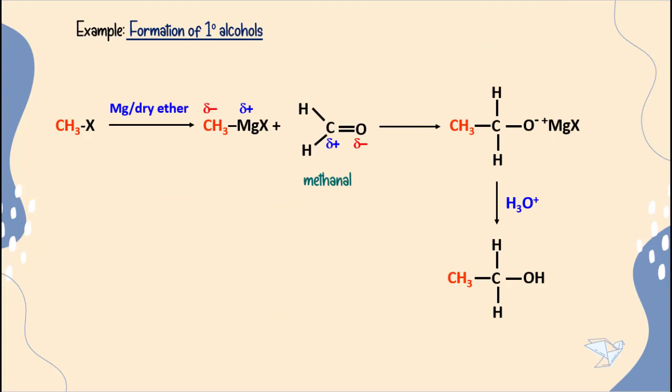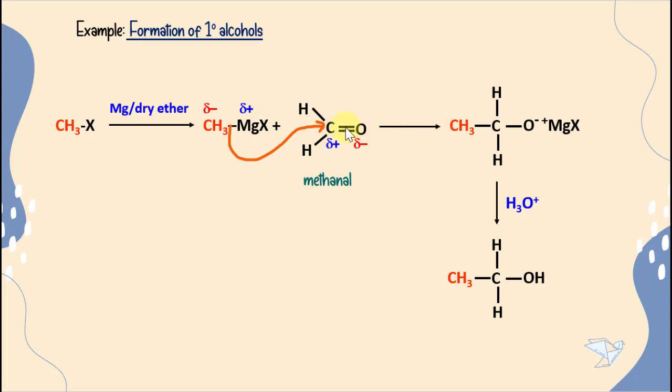Since the addition of the Grignard reagent to the carbonyl compounds is a stepwise reaction, the first step involves the nucleophilic carbon atom that is bound to the organometallic, which is our magnesium halide here. The carbon will attack the carbon double bond O from the backside. The carbon double bond O here is an electrophilic site, so it will act as an electrophile.